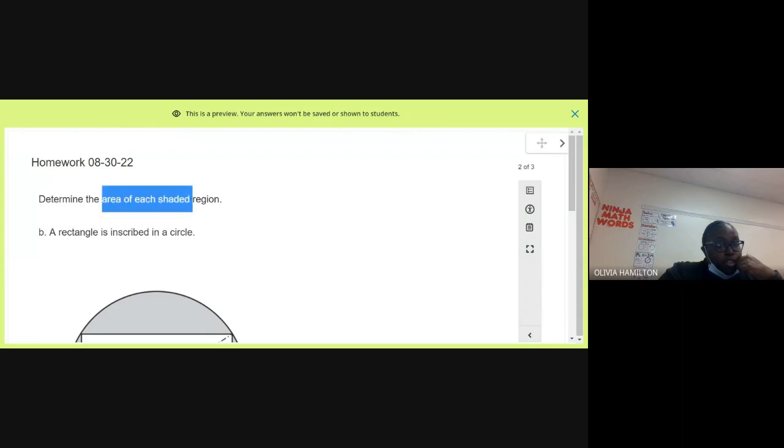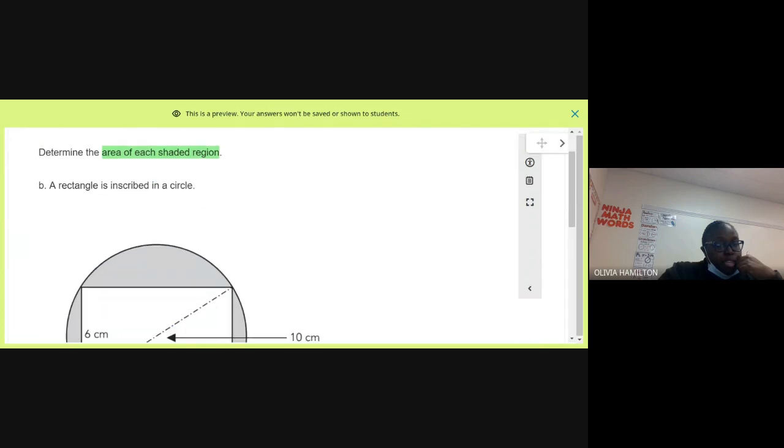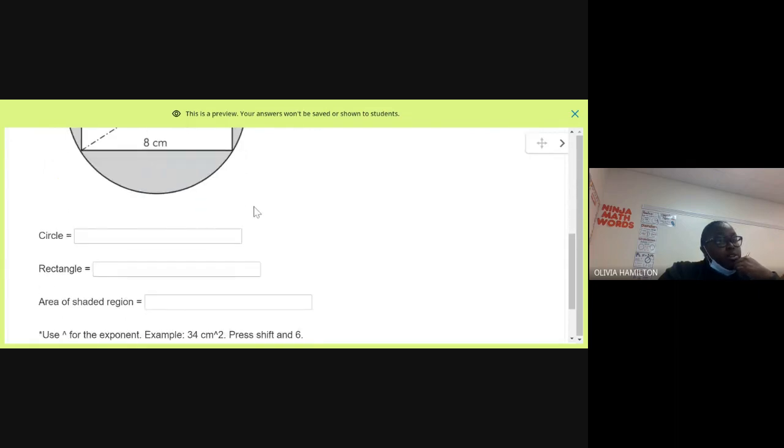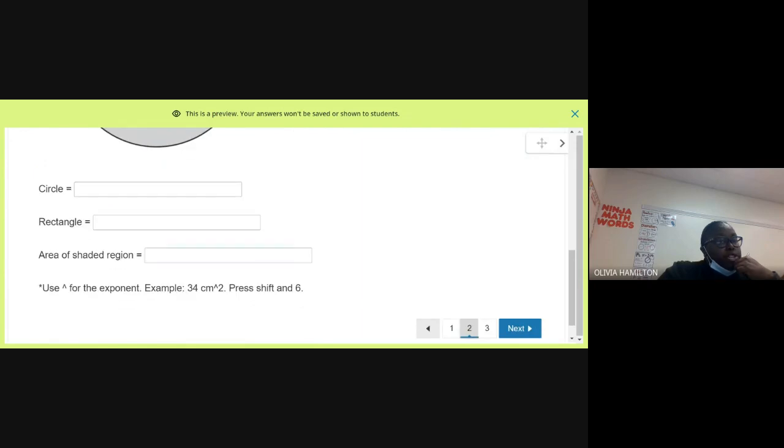So we are still looking for area. But this time we have a rectangle instead of another circle. And we still have a circle. So instead of 3 circles, we only have 2 shapes, a rectangle and a circle. Which means we only have 3 things to do. Find the area of a circle, find the area of a rectangle, and find the area of the shaded region.